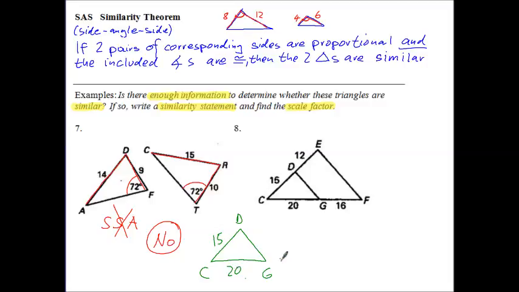And then we had the larger triangle CEF, with side lengths CE, which is 15 plus 12, that's 27, and CF, which is 20 plus 16, in other words, 36.